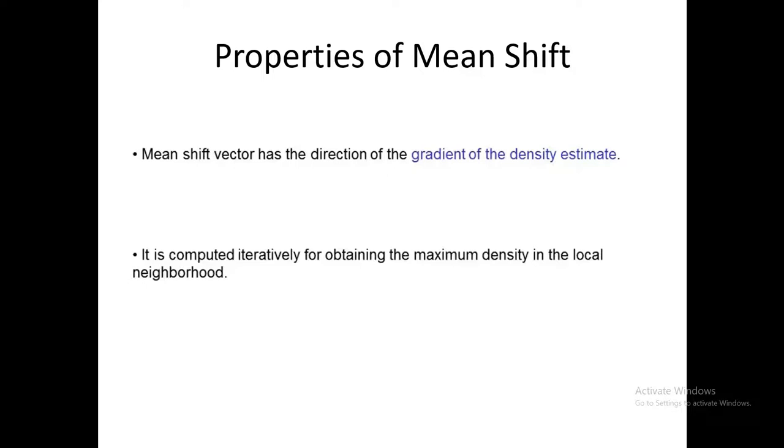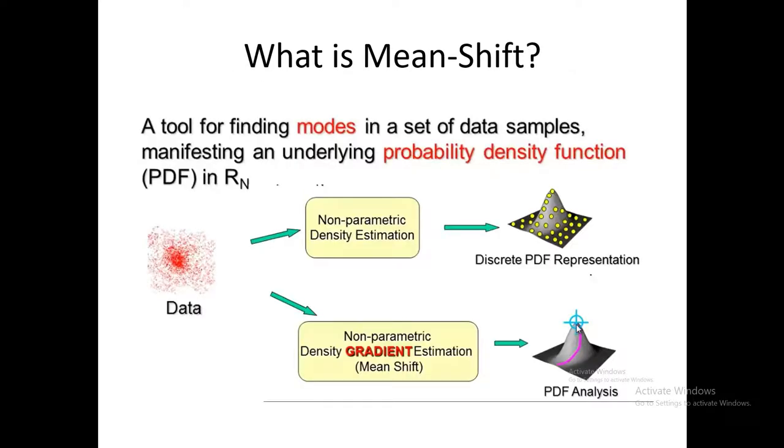And this process is very good to find the modes or the peaks of the distribution. As we have said, it's a very good tool for finding the modes in a set of data samples, which manifest an underlying probability density function, PDF, in the given data set.